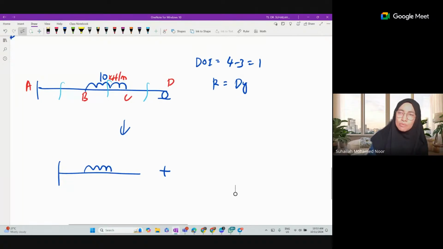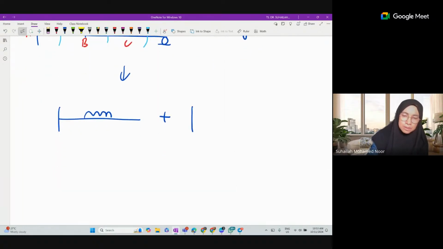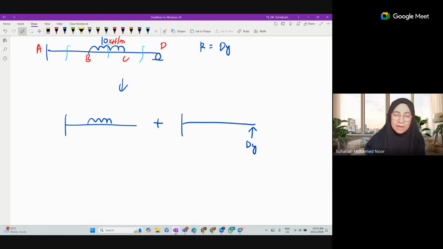The first one here is called the primary beam.